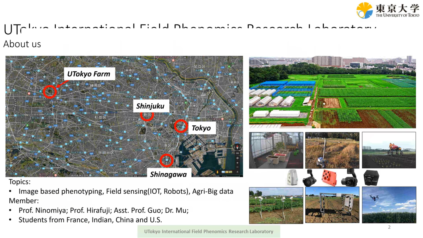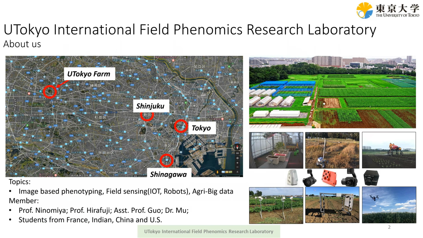First, please let me take several minutes to introduce our team. We are called the University of Tokyo International Field Phenomics Research Lab, which is a newly established lab in Japan.